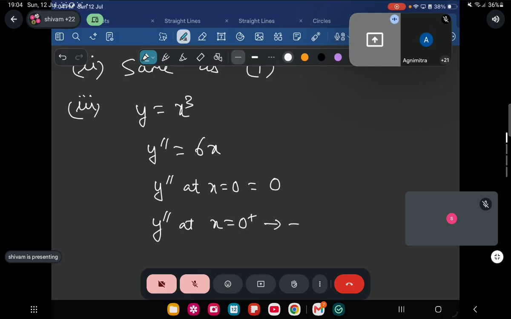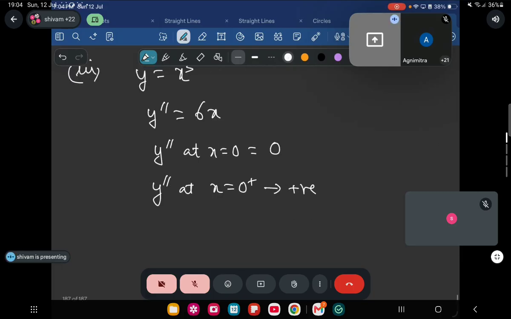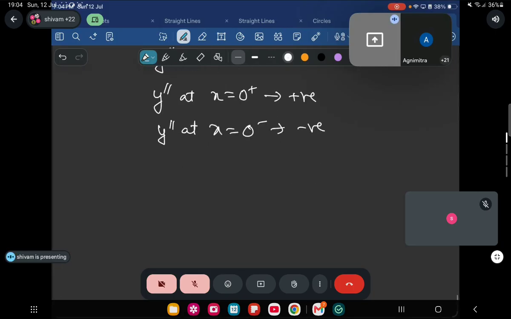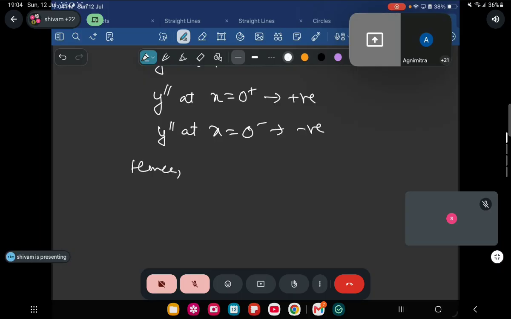And y double dash at x equal to 0 minus will be negative. So see, it is changing its sign. So hence we'll get a point of inflection. Hence, there exists a point of inflection at x equal to 0.